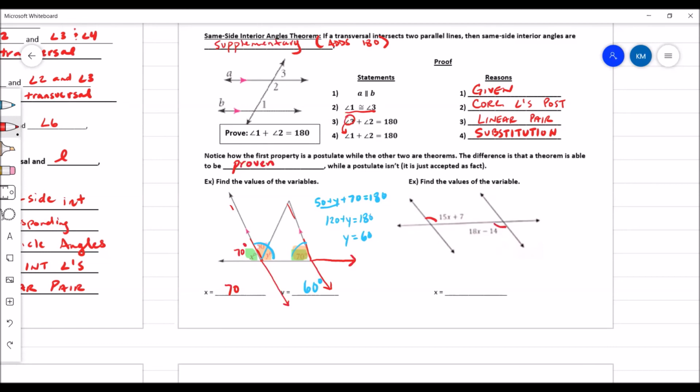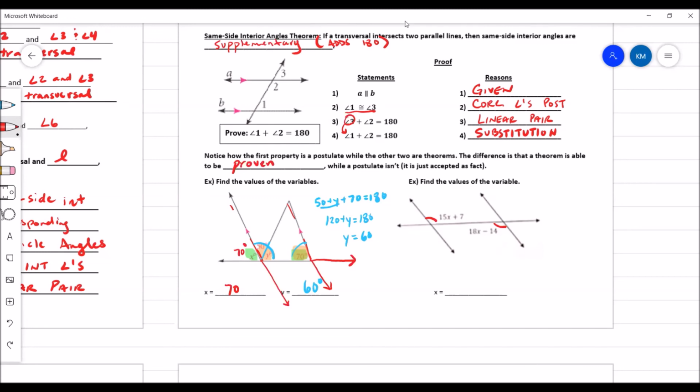Okay, you really want to jump into this problem, but you cannot. And here's why. If you could, you would say, hey, these are alternate interior angles. Let's set them equal to each other, which, yeah, they are alternate interior angles. But we have to remember this really important part of this section that gets overlooked so many times. Alternate interior angles are congruent when a transversal intersects two parallel lines.